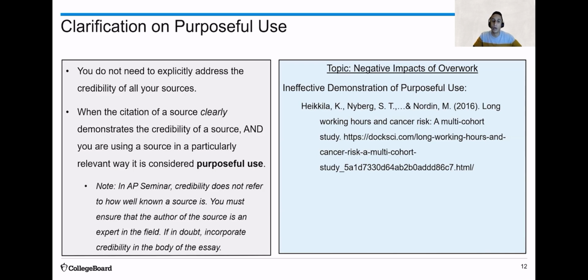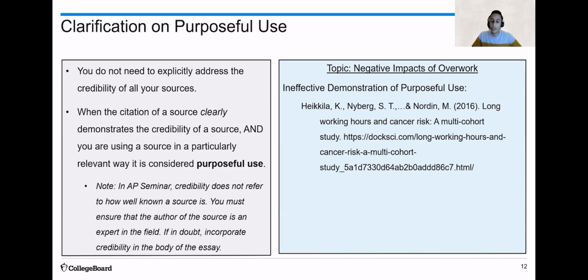And in an AP Seminar, credibility is not necessarily referring to how well known a source is. You must ensure that the author of the source is an expert in the field. If it's in doubt from the citation, that's when you should be incorporating that credibility into your paper. So I have an example here of what is considered an ineffective demonstration of purposeful use.